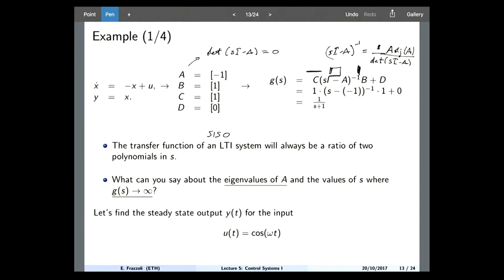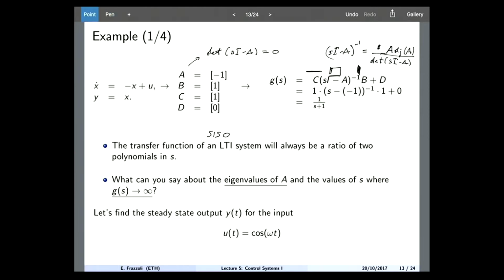Okay? Now, there are what are called multiple input, multiple output systems in which your C matrix in general will have several rows, and your B matrix will have several columns. In which case, your transfer function will actually be a transfer function matrix, where each entry of that matrix will have this form.